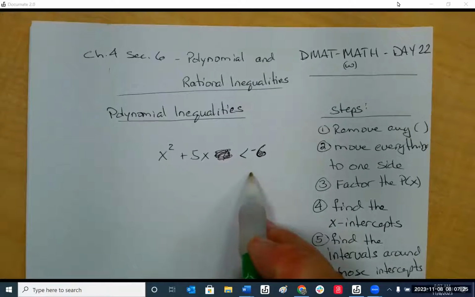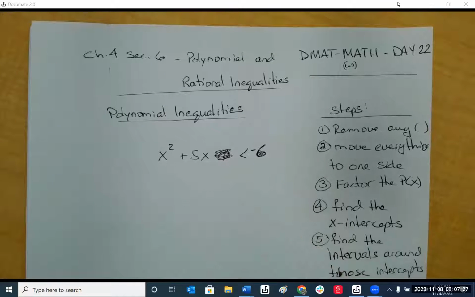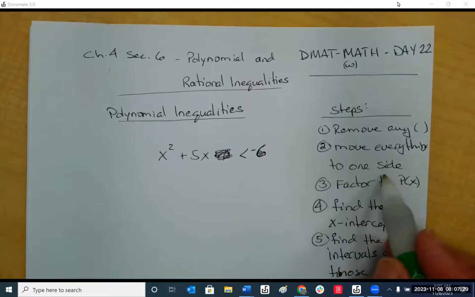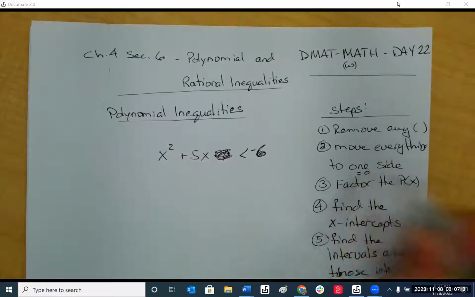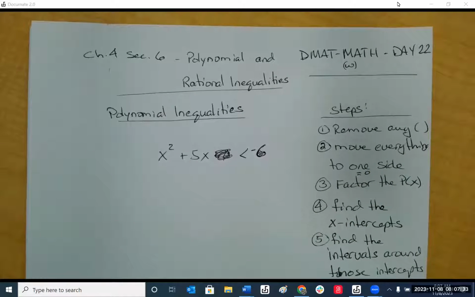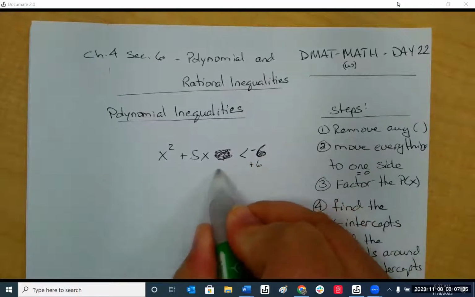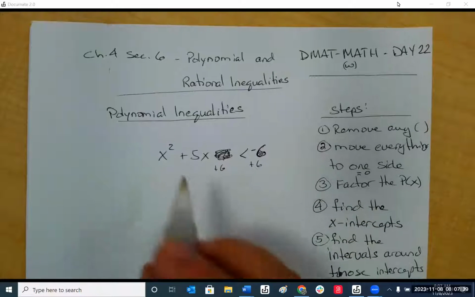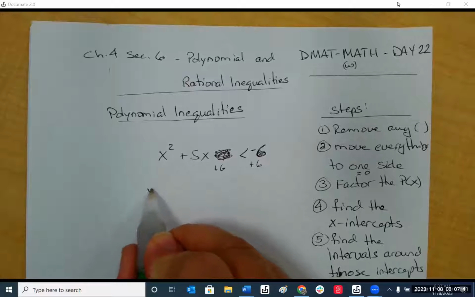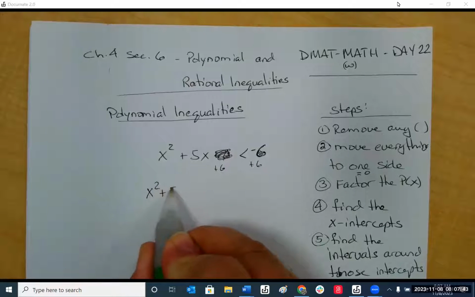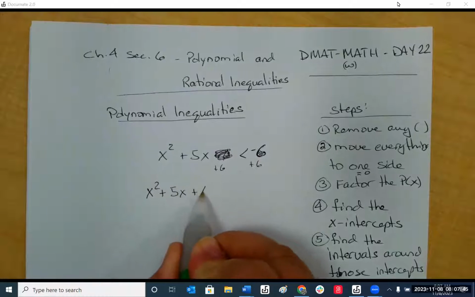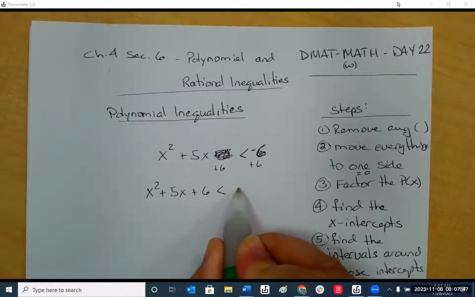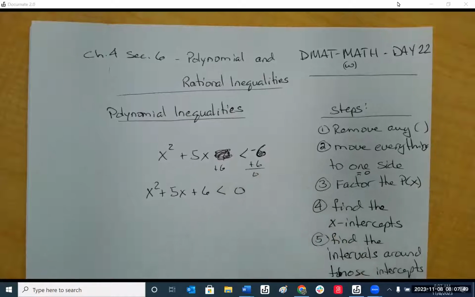There aren't any parentheses. Move everything to one side. In other words, set that equal to 0. So I've got to add 6 to both sides. So we have x squared plus 5x plus 6 is now less than 0.